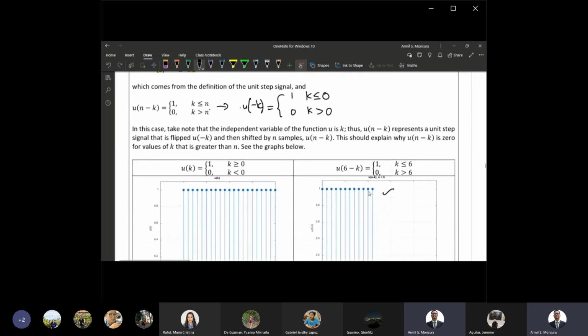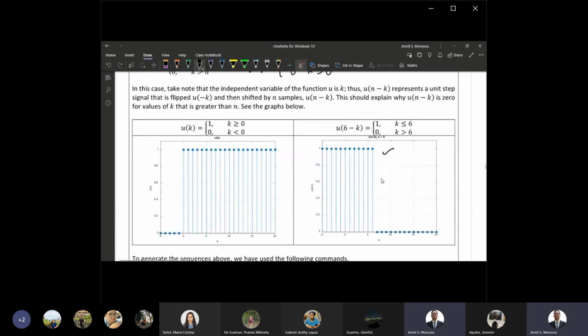Pag in-applyan natin siya ng shift na 6, pansinin niyo na ito yung k equals 6. Simula 6 at pababa, 6, 5, 4, 3, 2, 1, ang value niya, 1. While pagkatapos ng 6, simula 7, k equals 7 pataas, 0 na siya.